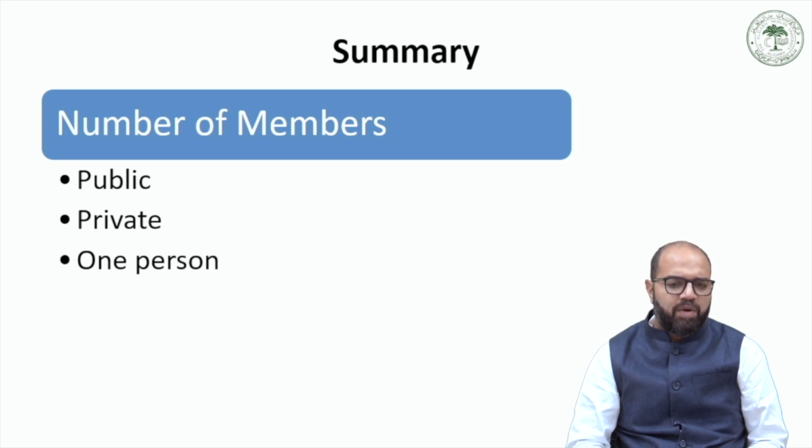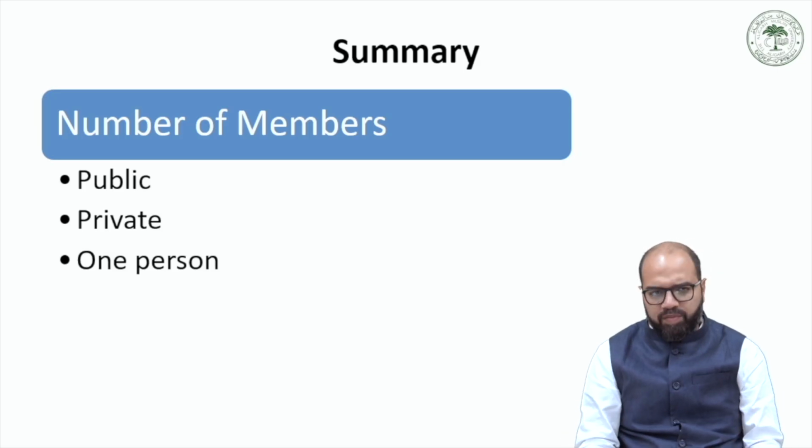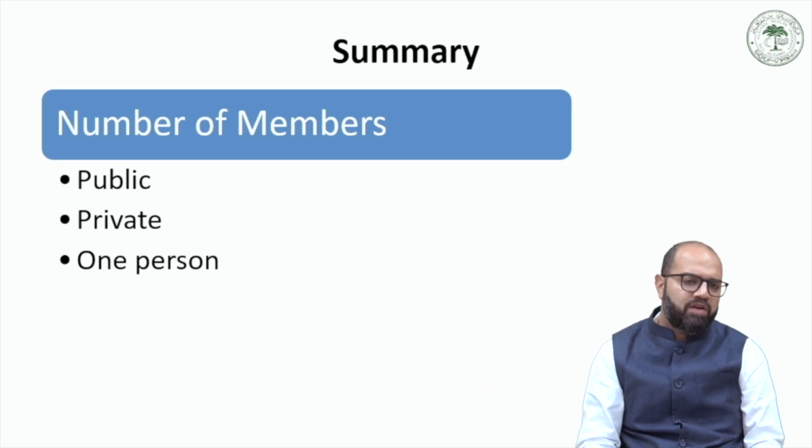So if somebody is looking to get funding from members of the public, generally that is a public company. If a few select group of people want to start a company and want to have a restriction on who can become its members, they will start a private company.